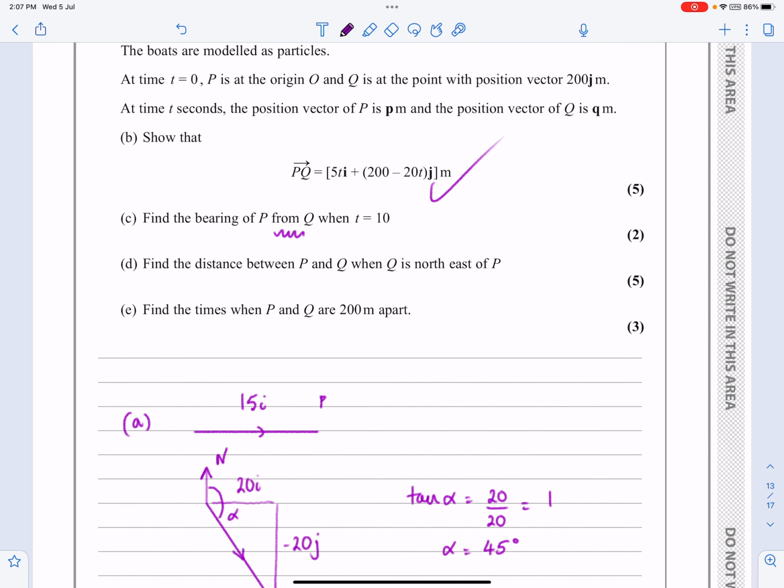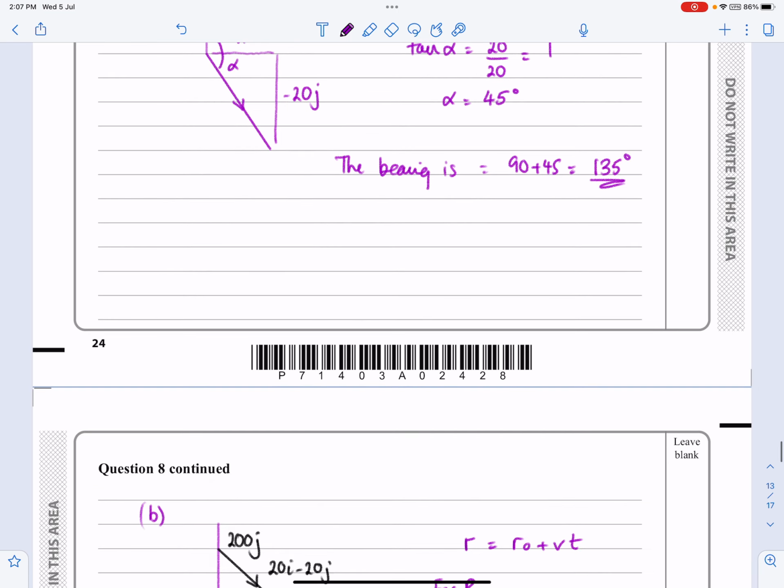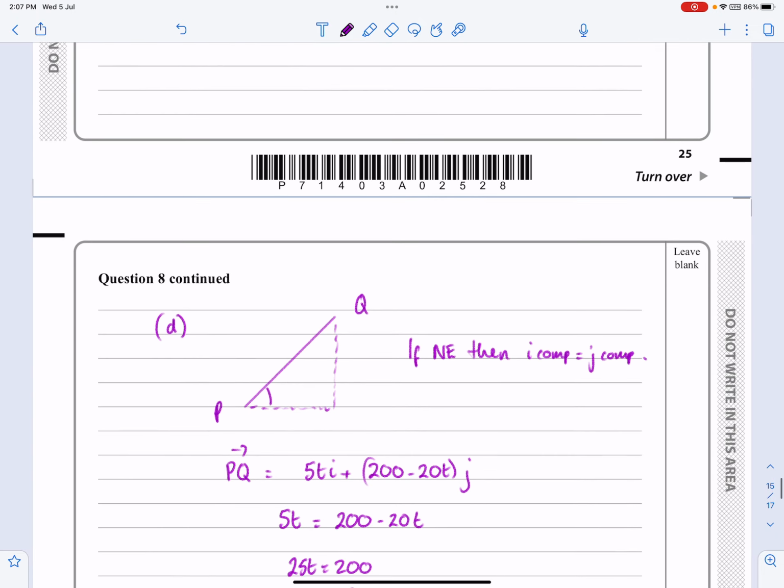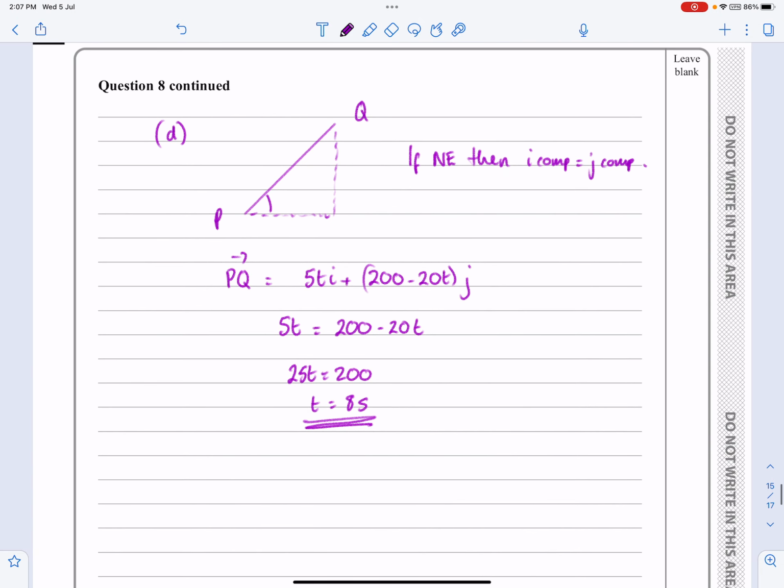Find the distance when Q is northeast of P. What I've done there is to find the time. So put that back into PQ now. Where was PQ?